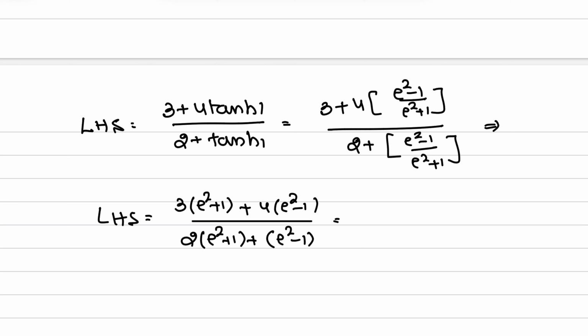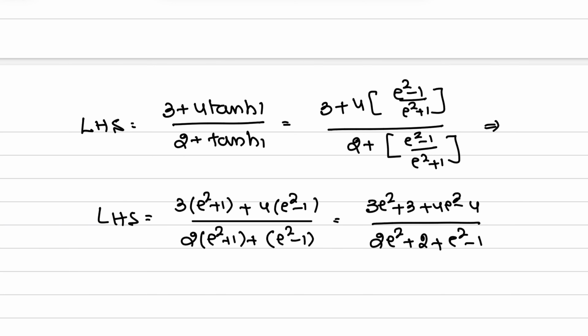Now, this will be equal to 3e square plus 3 plus 4e square minus 4 whole divided by 2e square plus 2 plus e square minus 1.